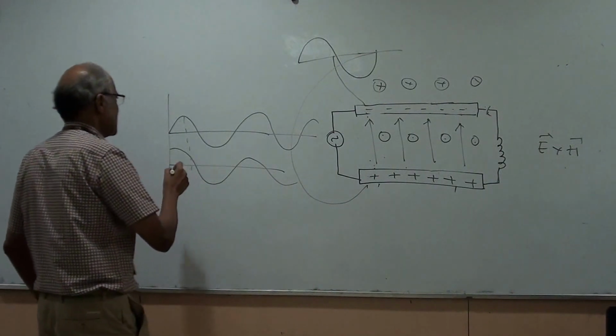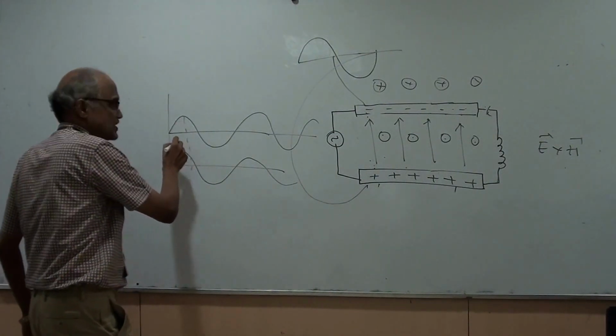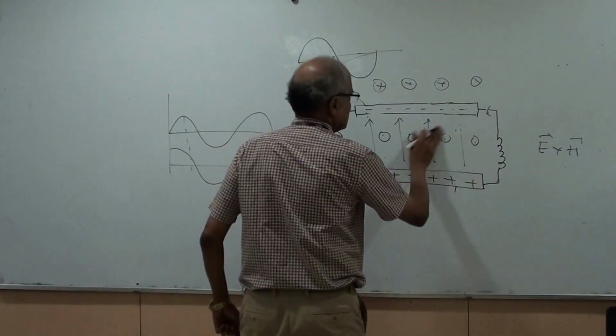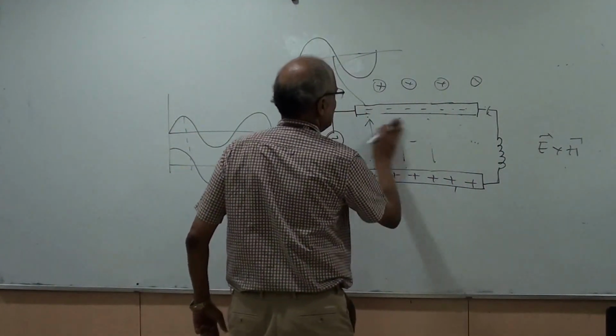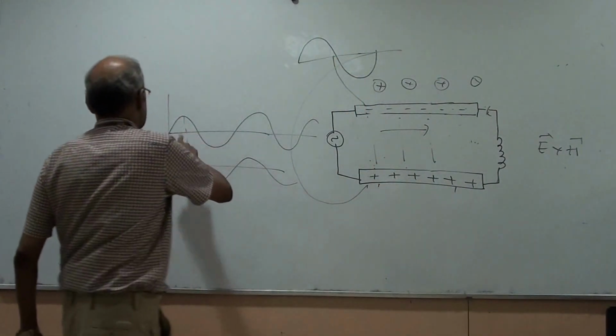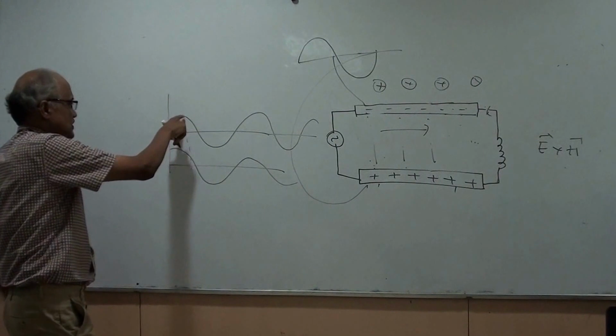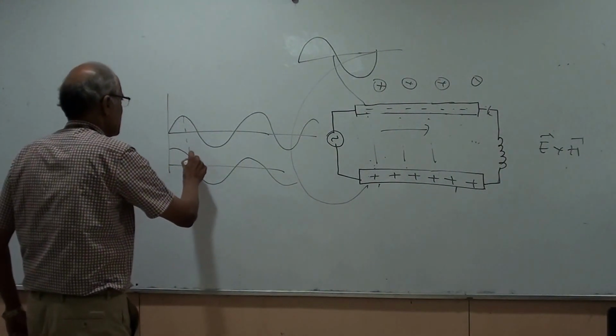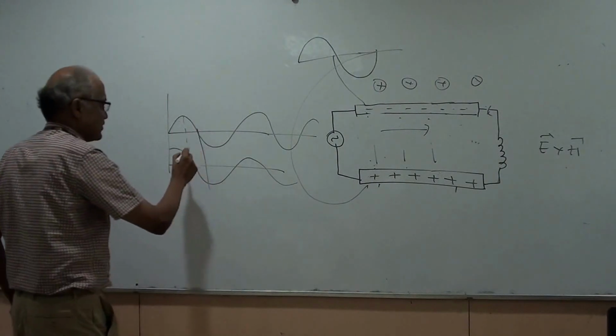So in the first quarter cycle, both the voltage and the current have the same polarity, and therefore the power flow will be from the source to the load, because in the first quarter cycle the voltage and the current are both positive. Now in the second quarter cycle, the voltage is positive but the current is negative.